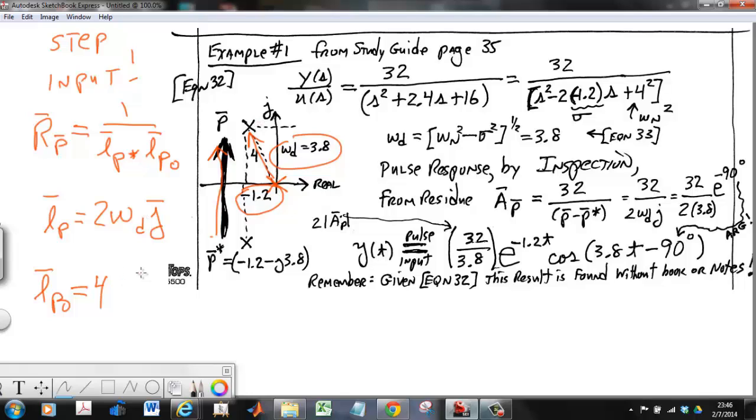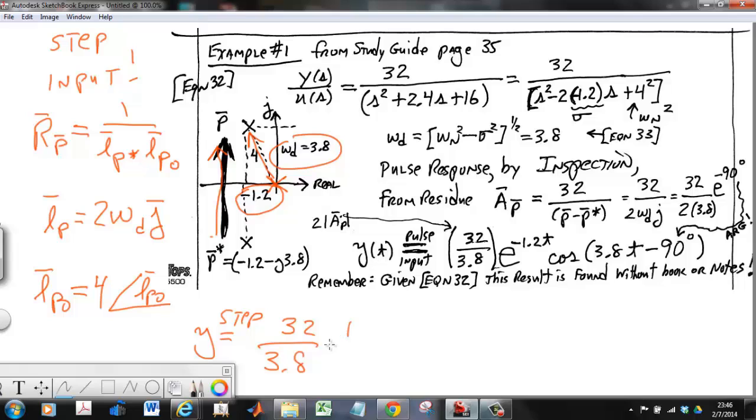So it's going to have an angle, and I'm just going to call that the angle of LP0, like so. Therefore, the sinusoid y for a step will equal twice that residue, and twice the residue we have already seen. We have 32 over 3.8. That takes care of that one.